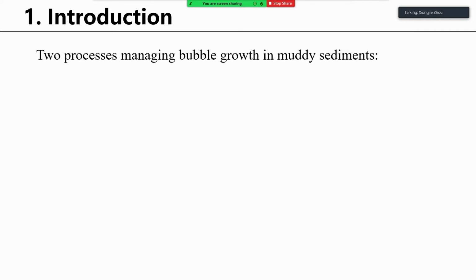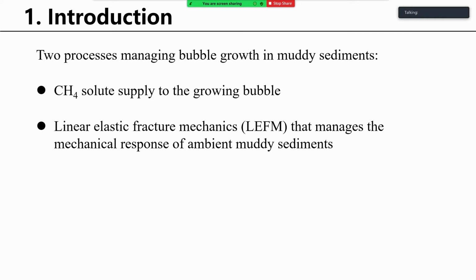In addition, there are two processes governing bubble growth in muddy sediments. One is methane solute supply to the growing bubble, which provides a sufficient source for the bubble expansion. The other is linear elastic fracture mechanics, which governs the mechanical response of gassy muddy sediments.